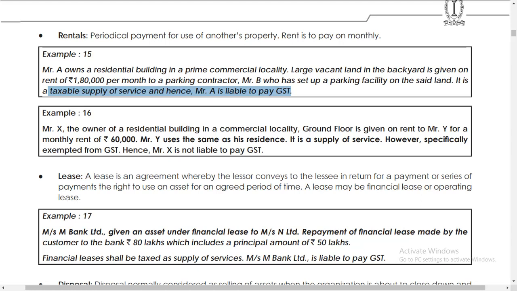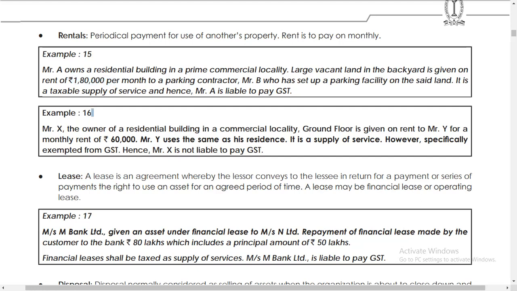You understand? It is very easy. He took a house. He has vacant land behind the house, and he is giving that place on a contract basis for parking. So ultimately, Mr. A has to pay GST, because this is a commercial purpose. On his earning amount, you have to pay GST. This is the ultimate funda.